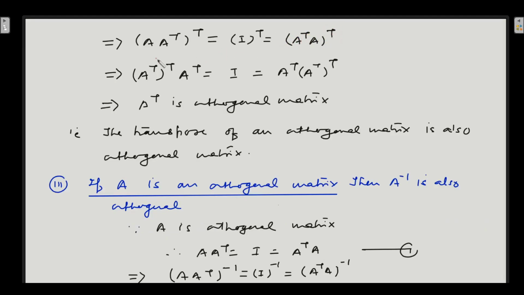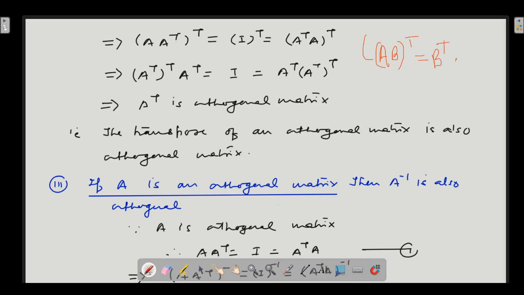Now we already know this property: the transpose of AB is equal to B transpose A transpose.